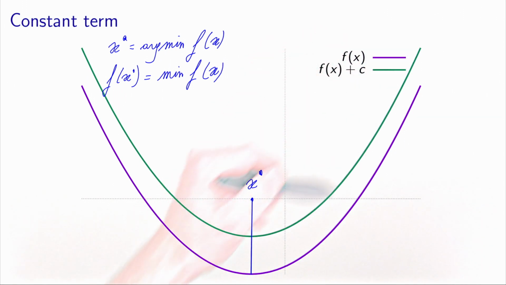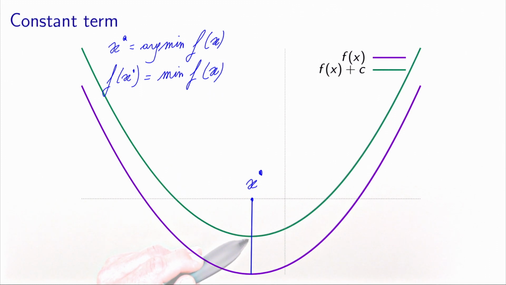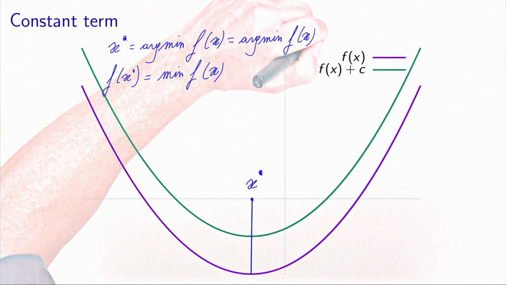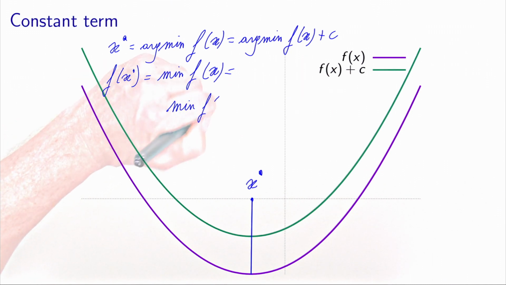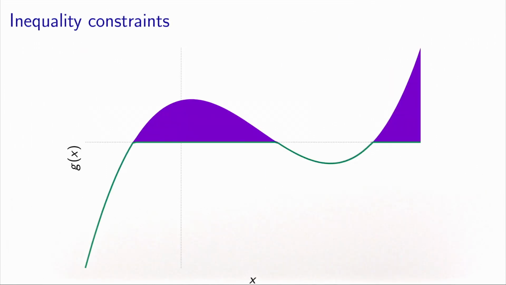But if we look at the minimum of this shifted function, we see that the optimal is exactly at the same place. And in terms of the value, we obtain the optimal value of the other problem shifted by c. So basically, if we have constant terms in the objective function, we can safely ignore them. It will provide the same optimal solution.